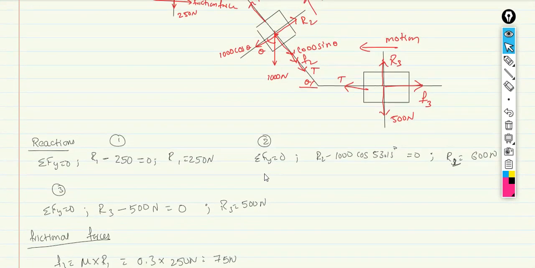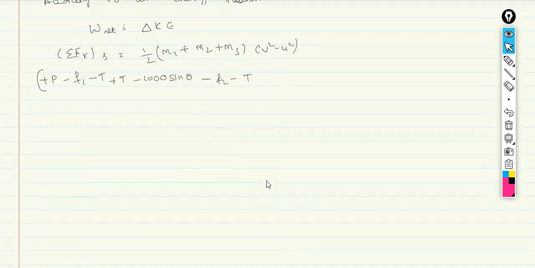Coming to block 3, here block 3 is having the motion to the left side, so T is also acting left side, so T is positive, but F3 is opposite to the motion, so F3 is negative. So I can say minus T plus F3, into displacement S, is equal to half into, so you know W is equal to mg, so M is equal to W by g.